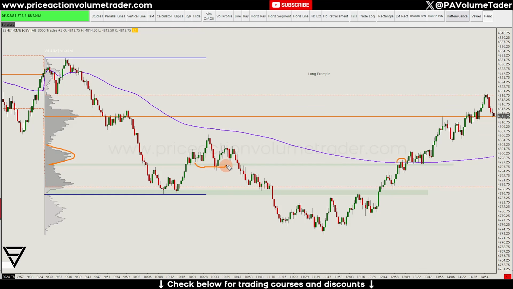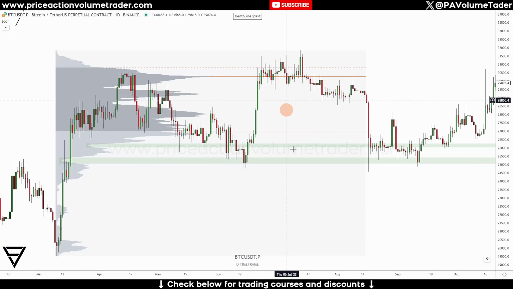You can see we had support broken, but then right here, same thing again, rinse and repeat. We push up, break this high. Now we're inside of this high volume node area, pull back and retest VWAP as well, and then we just keep going.